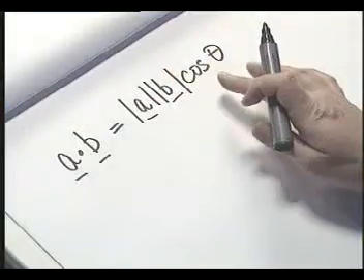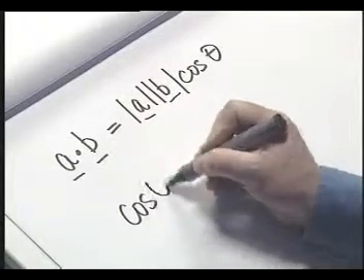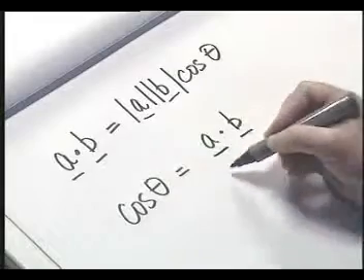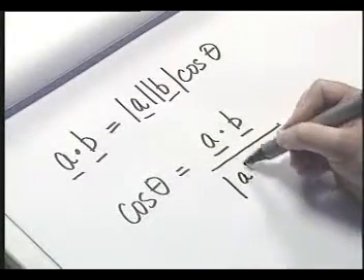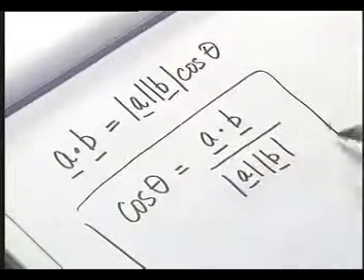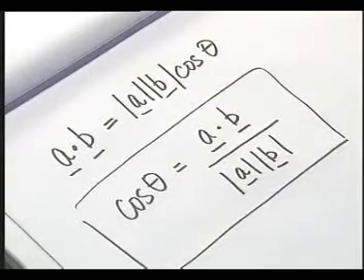Okay, let's rearrange this. If we divide both sides by the modulus of A and the modulus of B, we'll be able to get cosine theta is A dot B divided by the modulus of A, modulus of B. And that's the formula that we're going to use in a minute to find cosine theta and hence theta.